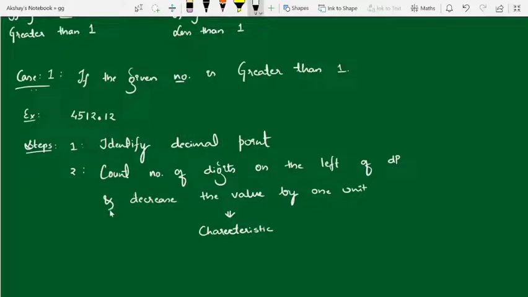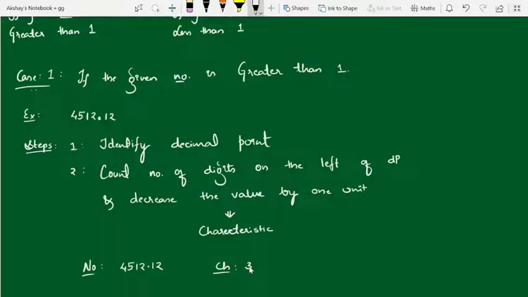So next, decrease the value by 1 unit. What you have to decrease is the number of digits minus 1. How many digits did we get? 4 digits. 4 minus 1 is 3. So 3 is nothing but the characteristic. For the number 4512.12, the characteristic is 3.